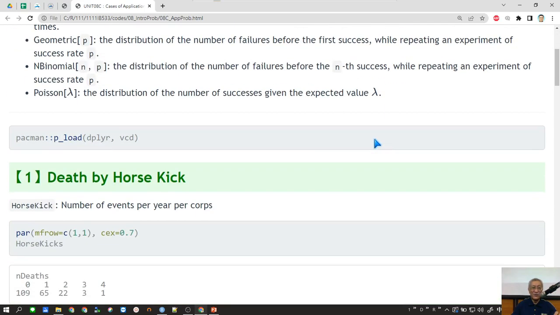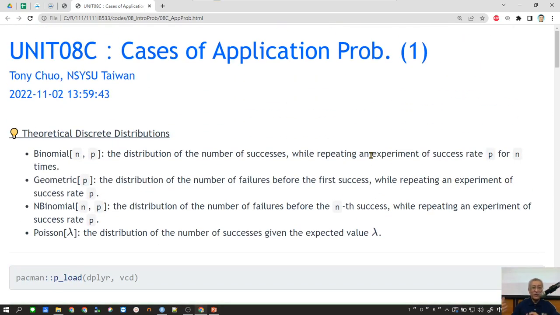That's for the rest. Now, before I go in any further, there are 4 types of discrete distribution which are very important for business analytics. But unfortunately, in the business school, when we are talking about distribution, we mostly use normal distribution.